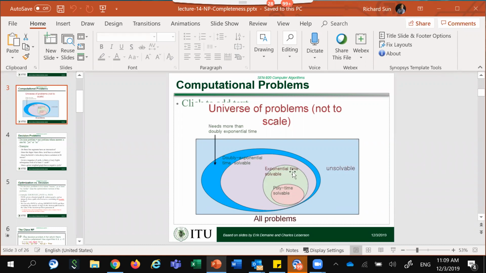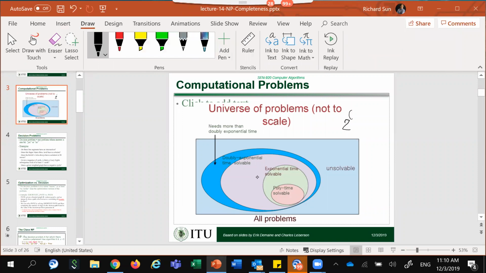The bigger circle containing it holds those problems that are solvable using an exponential amount of time, and the next bigger oval represents the doubly exponential time solvable problems. So what does doubly exponential mean? It means something like 2 to the 2 to the n.